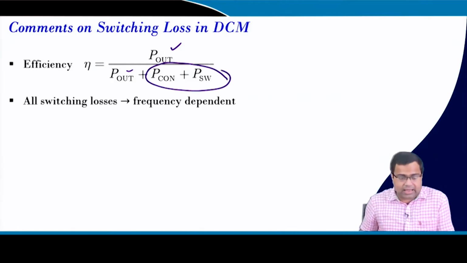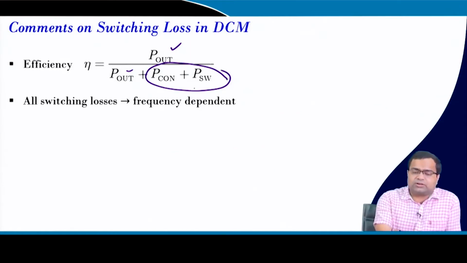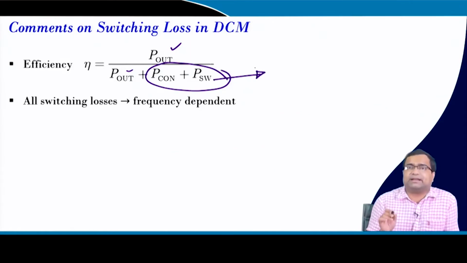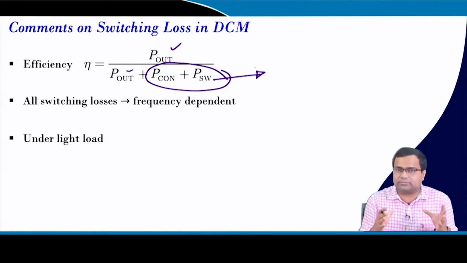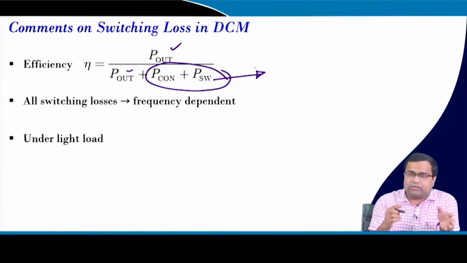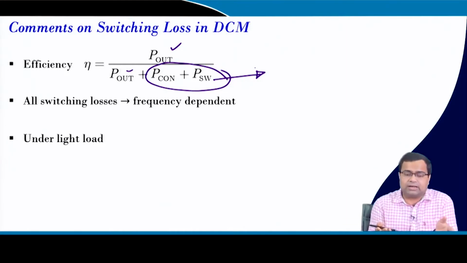All switching losses we saw are frequency dependent, and if the power level is very low, for example in a portable device, where most of the time it is either in standby mode or very light load condition, the output power requirement is very low.